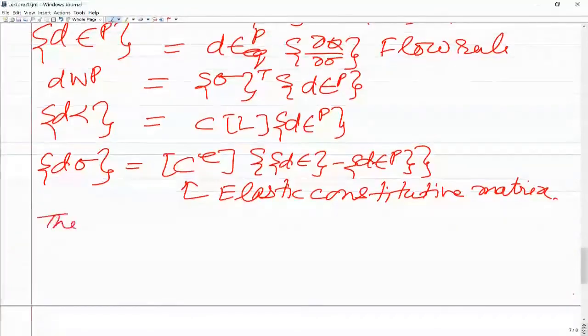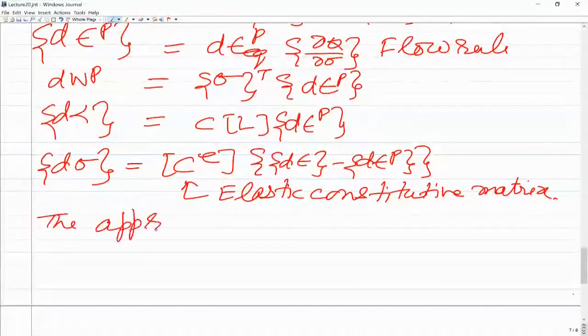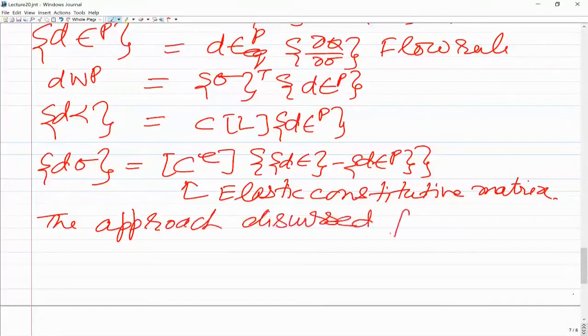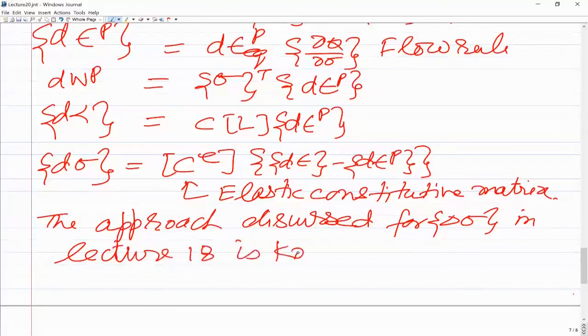The approach discussed for evaluating this delta sigma, that is done in lecture 18, is known as return mapping.